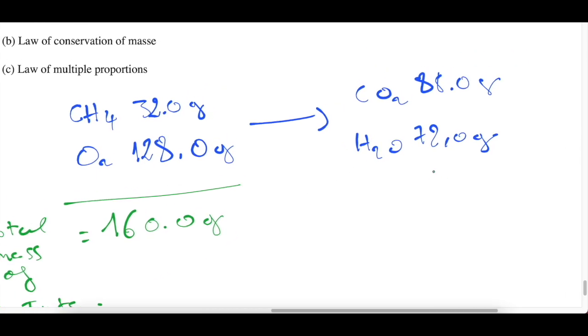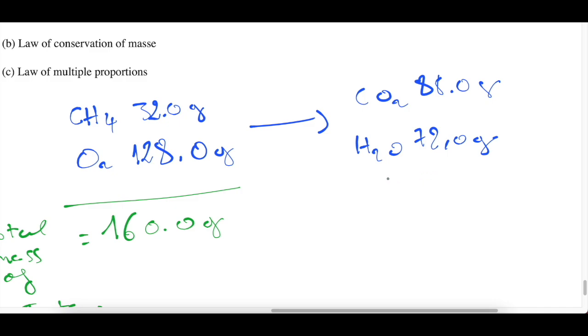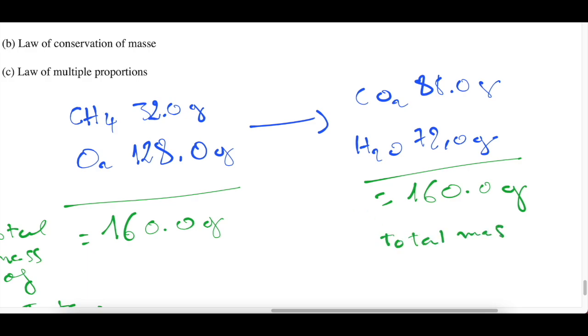Now we'll calculate the total mass of the products: 88 plus 72 gives 160.0 grams as the total mass of products.